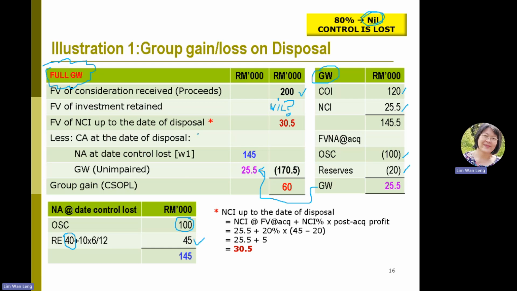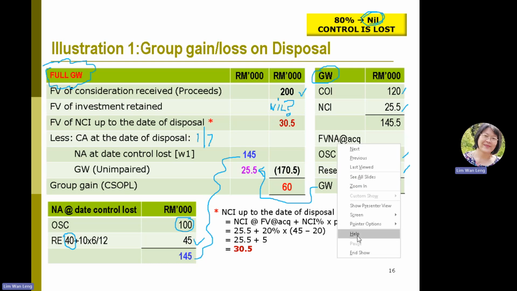What was the date of disposal? First day of July. Okay, so you campur these two, you're going to get 145. You campur tolak, then you get how much is the group gain or loss on disposal. And in this case, you have a gain. Okay, so now we want to look at the NCI.